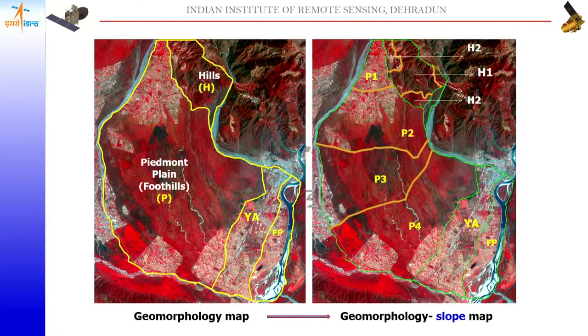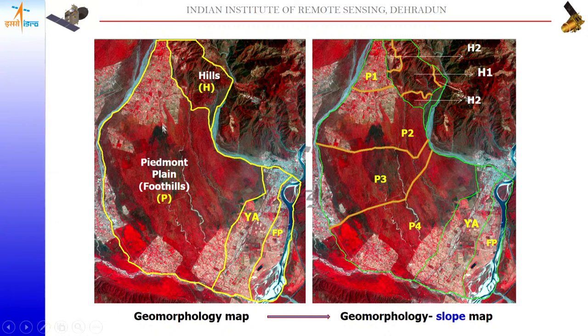Here you see hills and foothills, and on the right side you see that I have divided the hills into three slope classes, H1, H2, and Piedmont plain or foothills, which has been divided based on the topography 1, 2, 3 and 4.